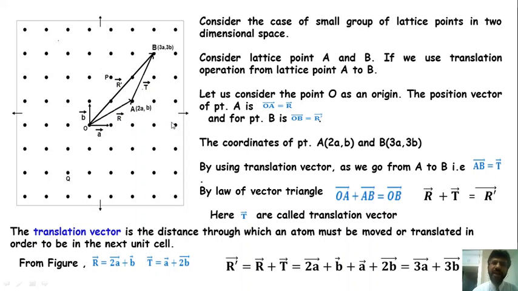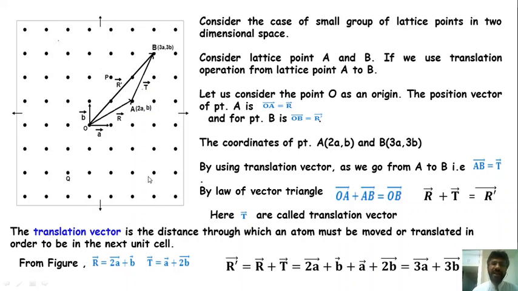Therefore the coordinates of the point A with respect to the origin are 2a and b. That means the x coordinate is 2a and the y coordinate is only b. Similarly, the coordinates of B are 3a and 3b.